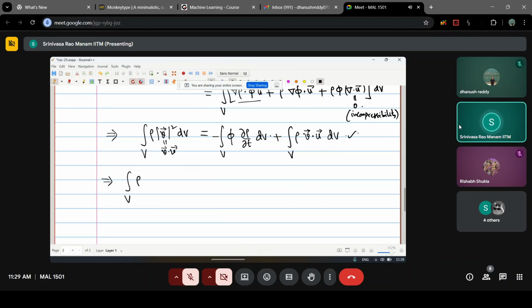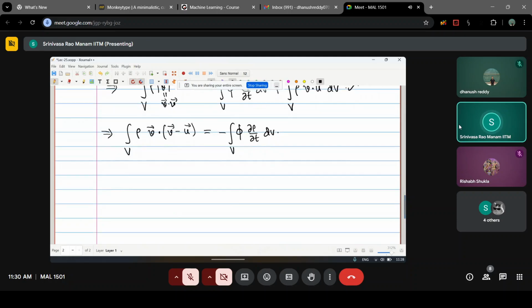So this you bring to this side, so v bar is common, dot product with v bar minus u bar, equal to minus integral over V of phi, dou phi by dou t, dou rho by dou t, into dV.